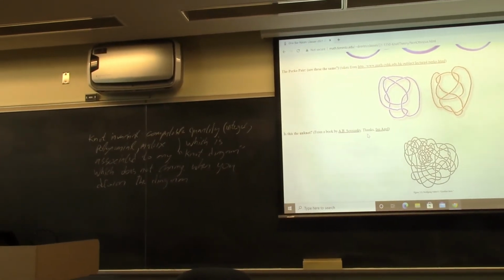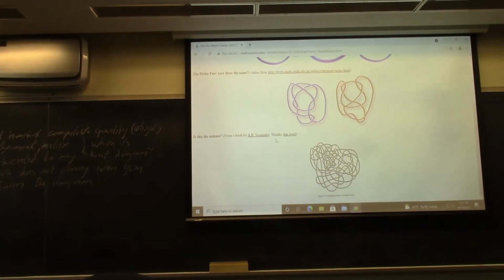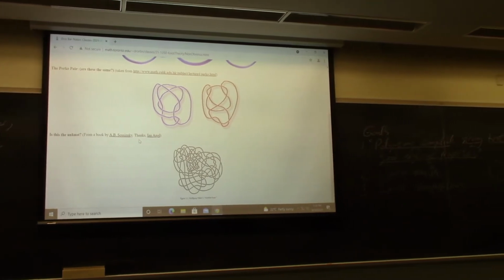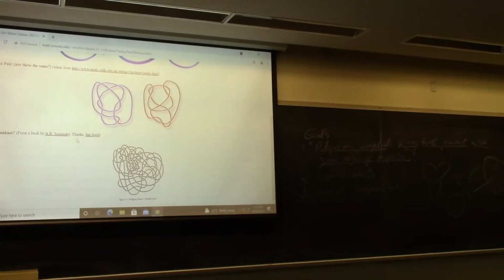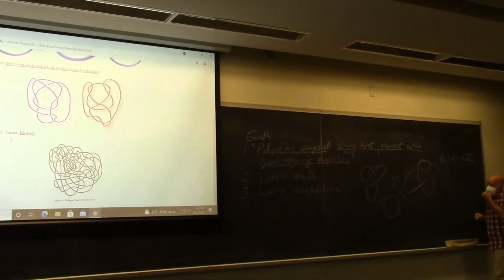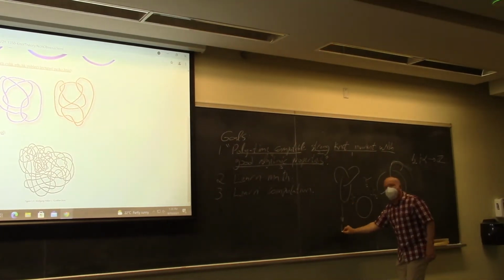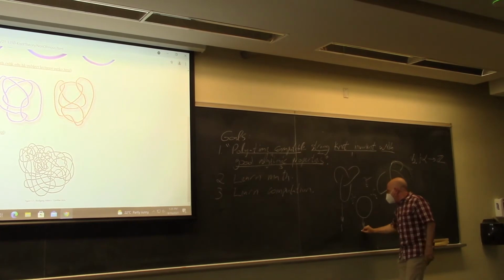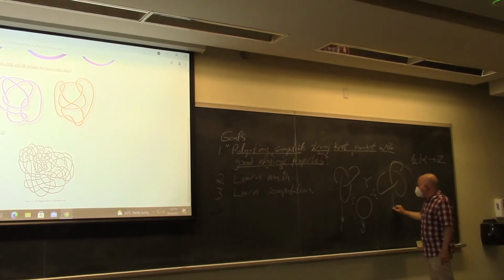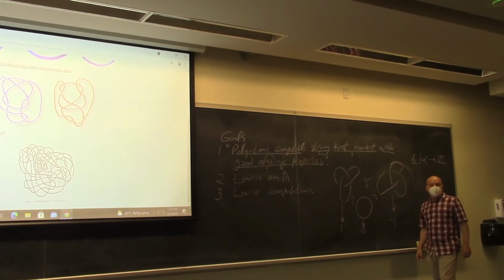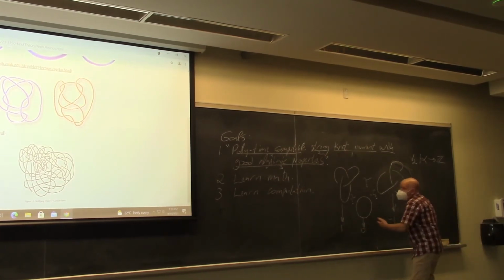It's a function on the space of knot diagrams with values in the integers. And it has the property that V2 of that is equal to 1, V2 of that is equal to 0, and V2 of that is equal to -1. This proves that the three things are distinct.